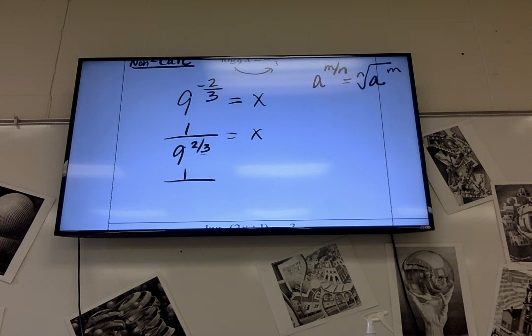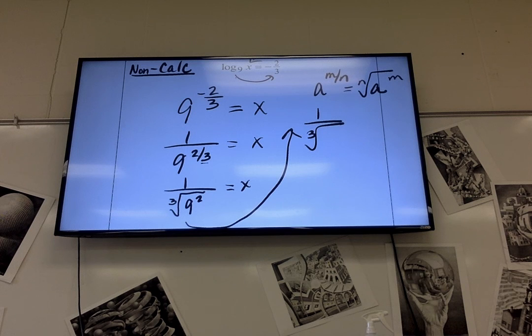So the number on bottom is the root, so it's actually a cubed root. And the number on top is the power. Now, unfortunately, I cannot take the cubed root of 9, not evenly. But I can square 9. What's 9 squared?